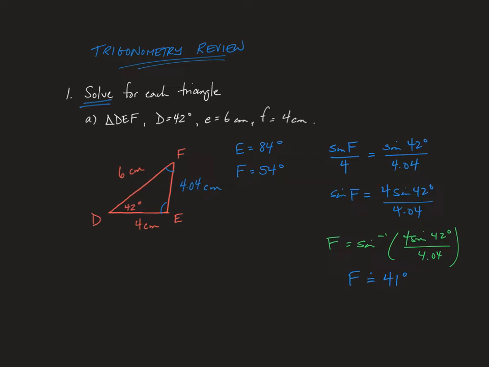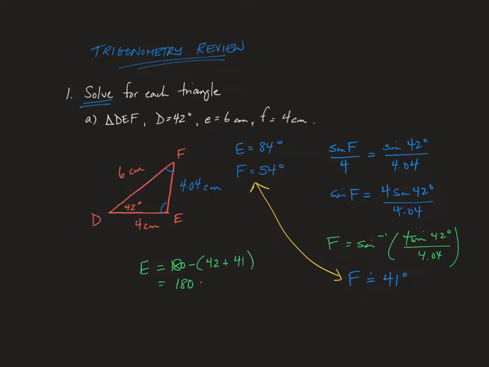Okay, wait a second then. I want you to notice that right off the bat, we have different answers. Now, if I was to continue through on that process and say, well, if I wanted to find angle E, I know that angle E is 180 minus the sum of the other two.